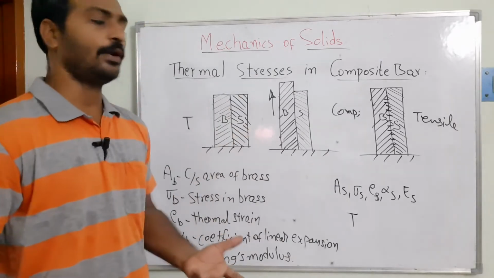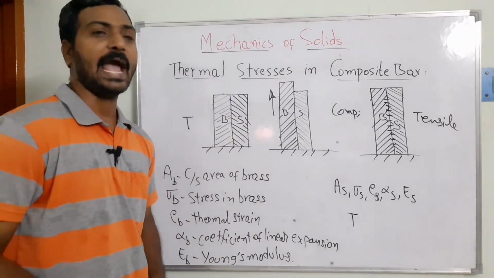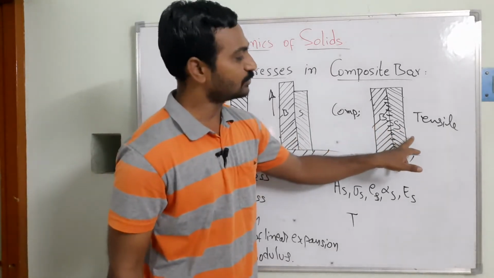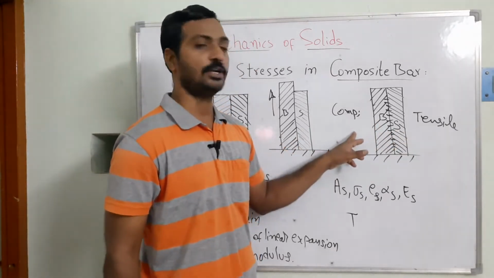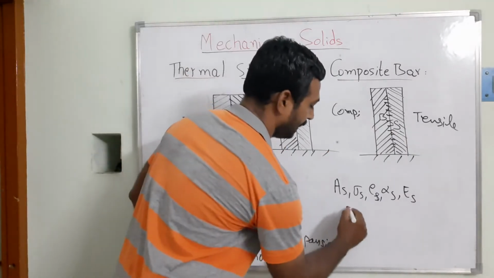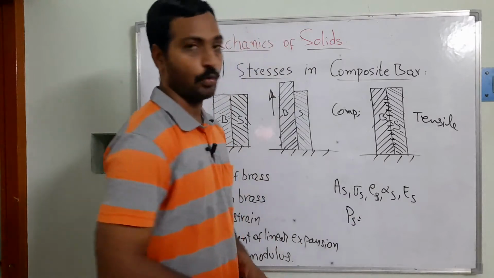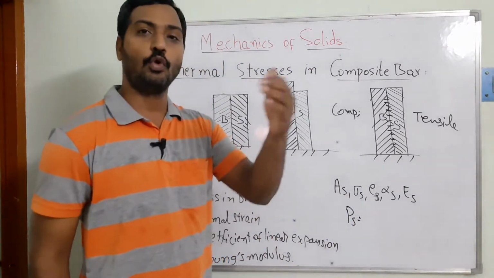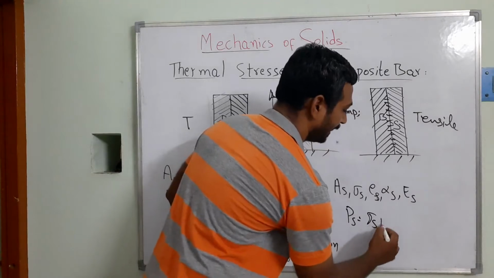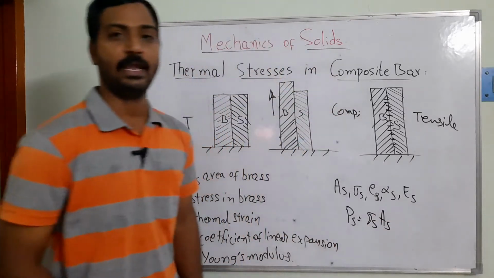Now we need to find out what load is acting on the system of the steel as well as the brass. We know this member is subjected to tensile force and this one to compressive force. Then how could we calculate that? There we can see PS is the load. We know stress is equal to load by area, so I will write PS equals sigma S into the area AS.